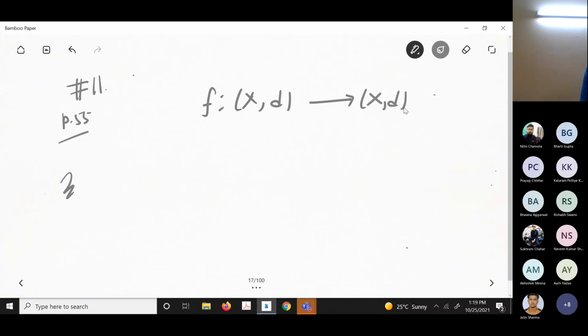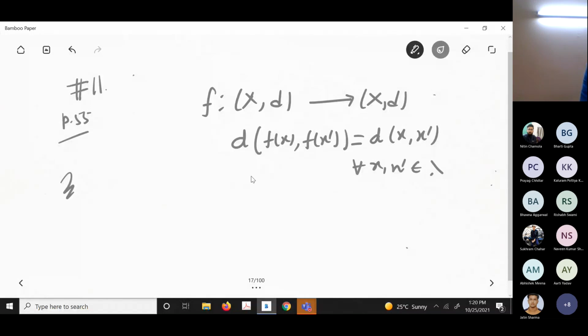That means d(f(x), f(x prime)) equal to d(x, x prime), for all x prime, where x prime may be equal to x, then it will be 0, belongs to X. That means f is an isometry.